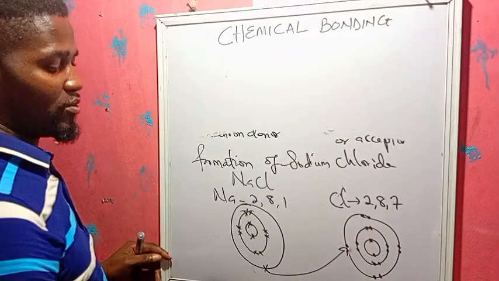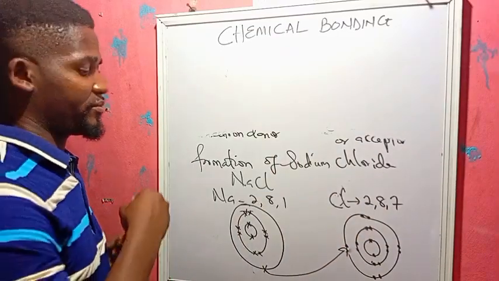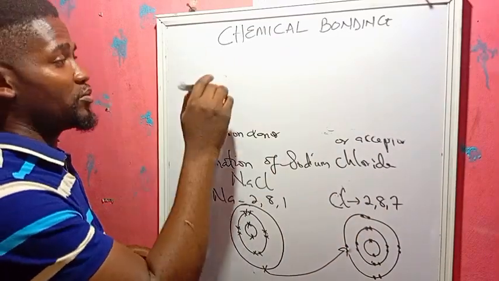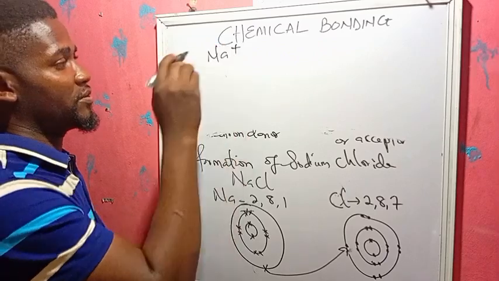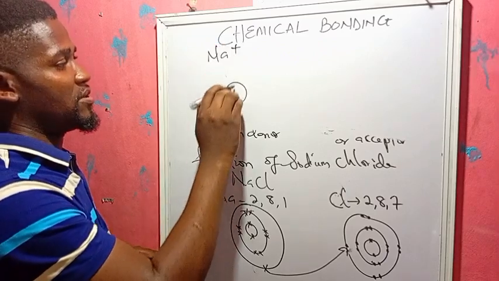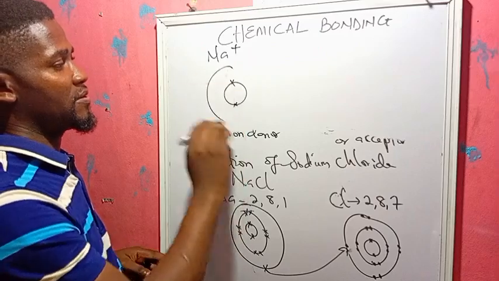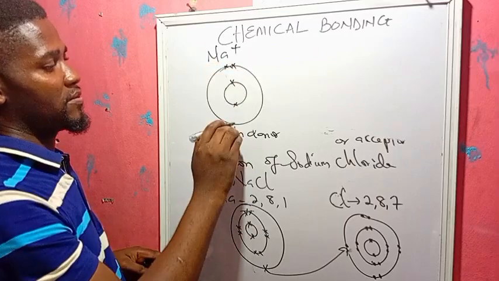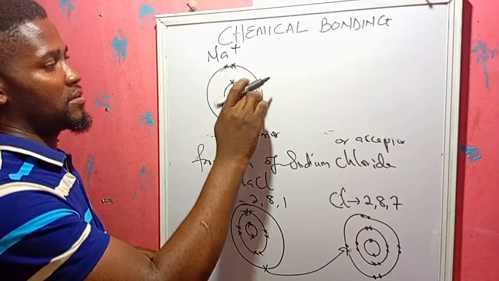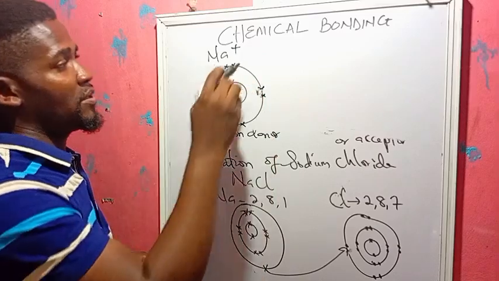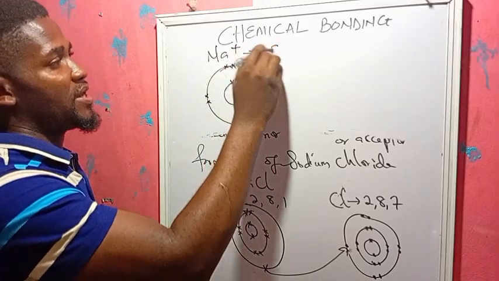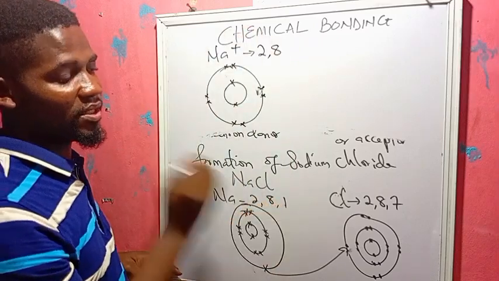Sodium ion is formed. We now have two here. I'm not actually filling the electrons in order because I have to save time. This is now 2,8. It has lost this one electron.